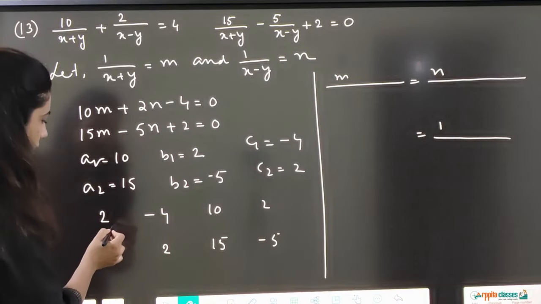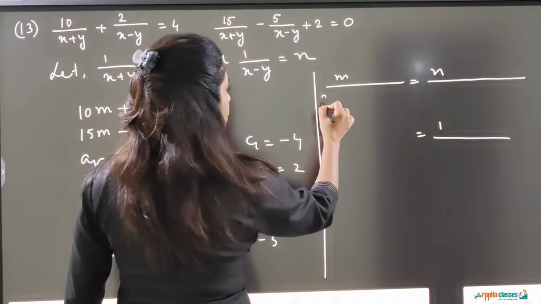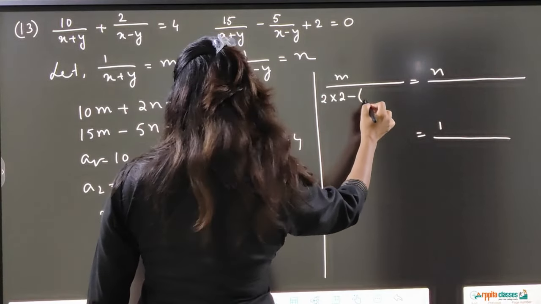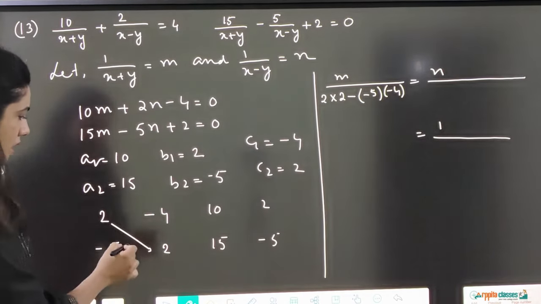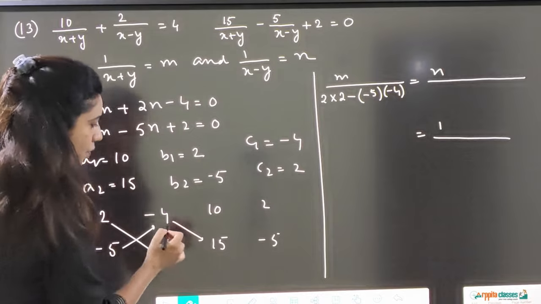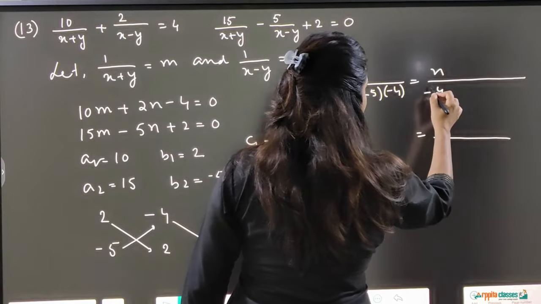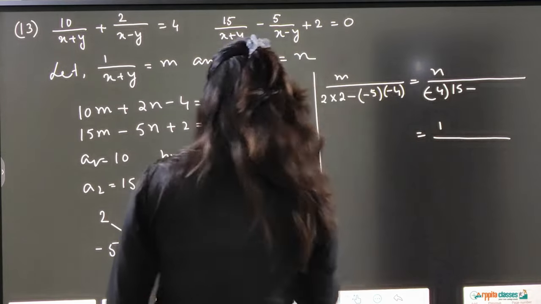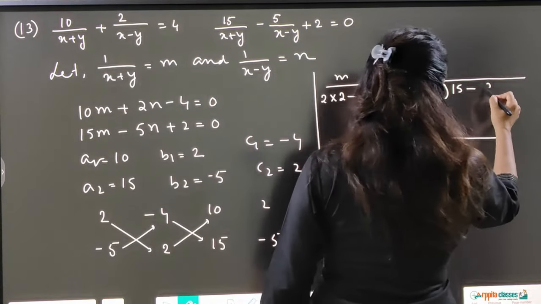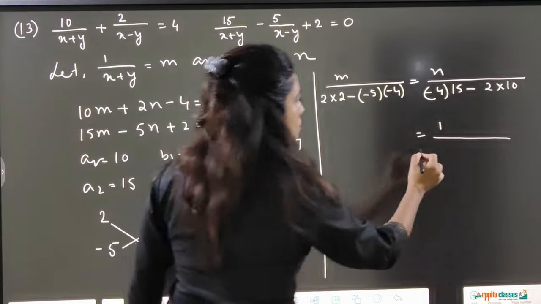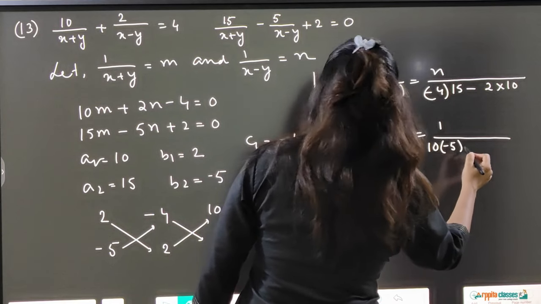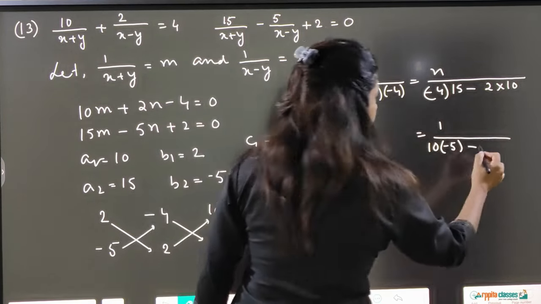So m upon, it will be 2 into 2 minus 5 into minus 4. Now minus 4 into 15 minus 2 into 10, and now 1 upon 10 into minus 5 minus 15 into 2.